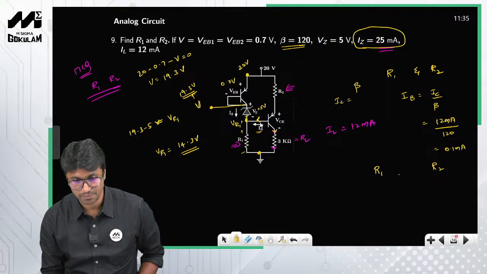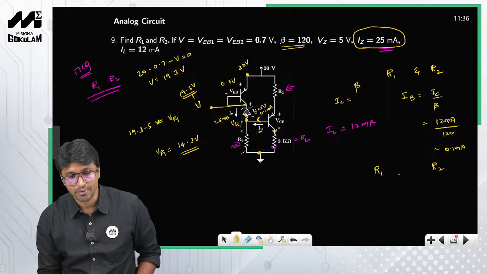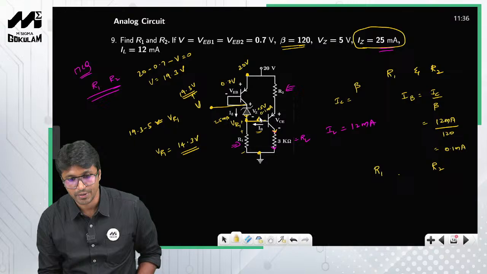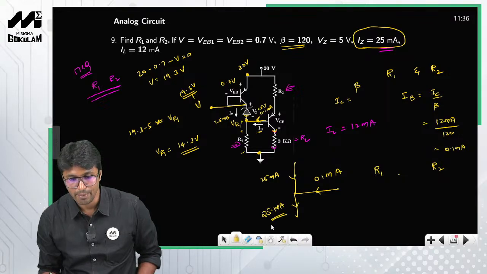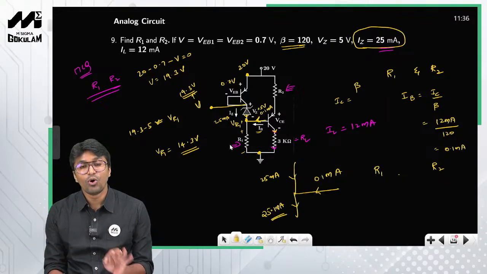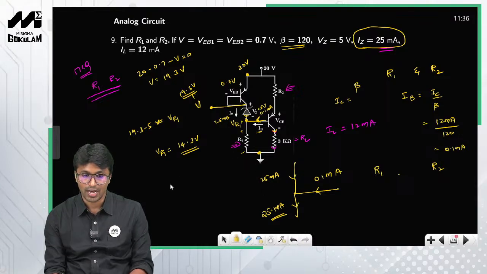The current flowing through this branch is 0.1 milliamperes, and the current flowing through this other branch is 25 milliamperes. When you apply KCL at this node, 25 milliamperes comes from this branch and 0.1 milliamperes from this branch. So what will be the current through this branch? 25 plus 0.1, 25.1 milliamperes. So I got the voltage across the resistor R1, and also the current through R1.